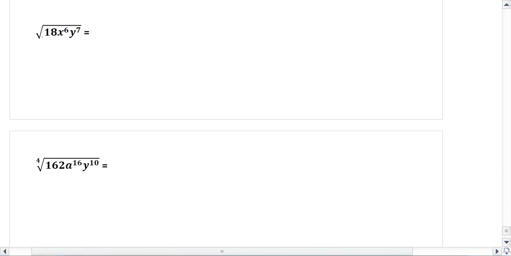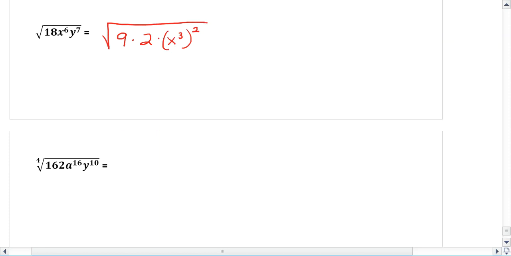Next example, we have a square root. So again, we shift our brains and we're looking for squares. We can probably see that 18 has a perfect square of 9 in it, and there's going to be a 2 left over. Now looking at this x to the 6th, because it divides by 2, x to the 6th is a perfect square. And it may not look like it because 6 isn't a perfect square, but any even exponent, since it divides by 2, can be written as that variable with the exponent squared.